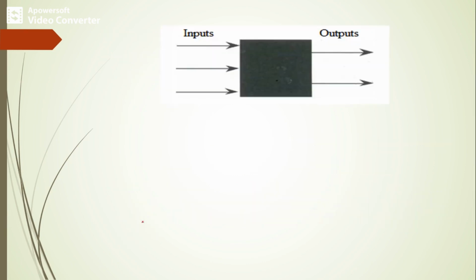Okay, now you can see one figure. This figure will give a clear picture. Now let us consider this is the product, or we can also call it a software. A software product, where this software product has been designed by using a set of programs.